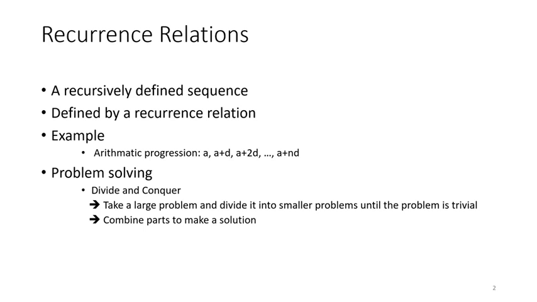It's basically we take a large problem and divide it into smaller sub problems until the time reaches when the problem becomes trivial. So the way we do it is that we divide it and then combine parts to create a solution.